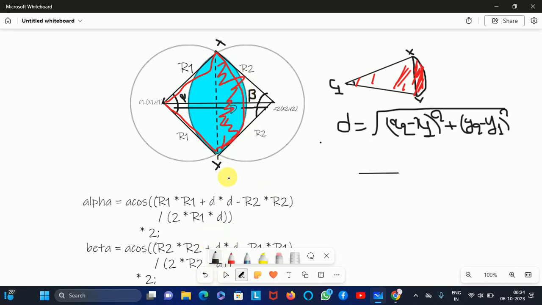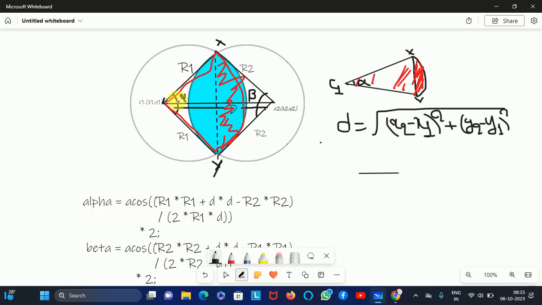For calculating the area of the whole sector, we need to find the angle x c1 y, and similarly the angle x c2 y. I will write this formula directly. I have written it already, here.